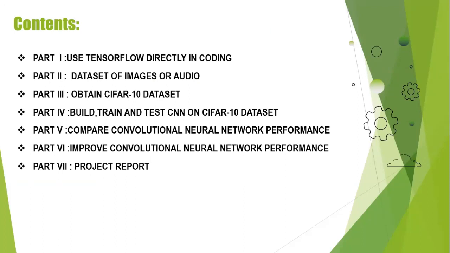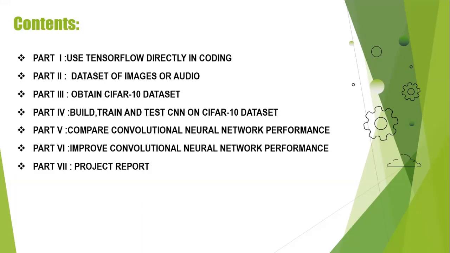Here are the contents of my presentation. First, we are going to talk about the use of TensorFlow directly in coding, and part two is data sets of image or audio, and the third part is how to obtain a CIFAR 10 data set for the project.